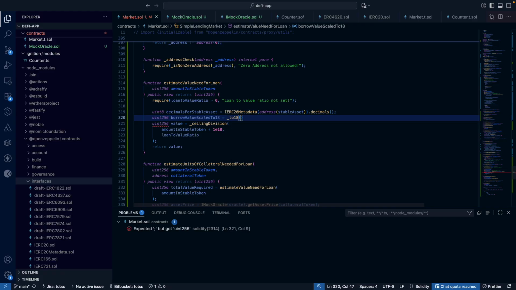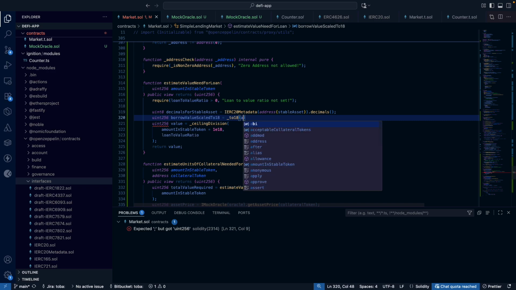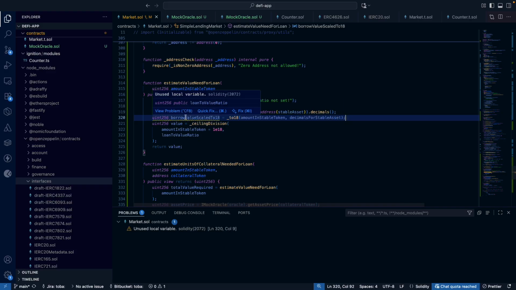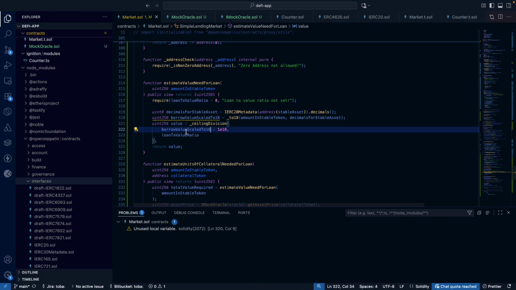We're going to pass in amount in stable token, and the decimals for stable assets. That scales us up. So we're going to now run our operation based on this, so that this is valid. Otherwise, it would be throwing off a lot, because of this 1E18 that we're doing here. So we're standardizing this borrow value to 1E18, sorted.